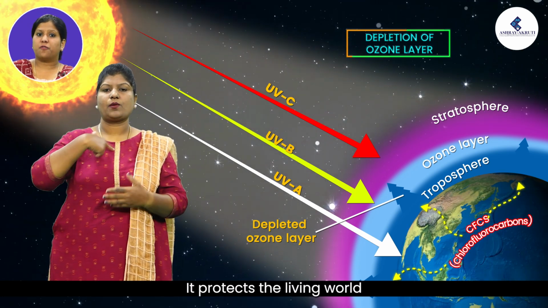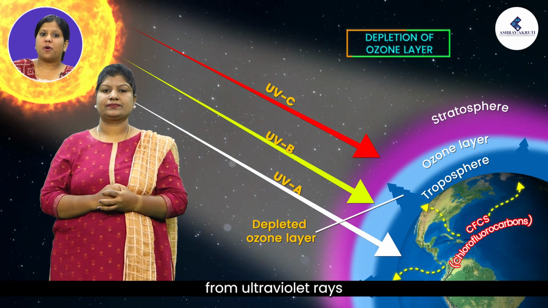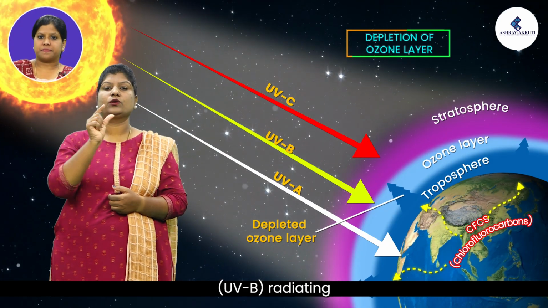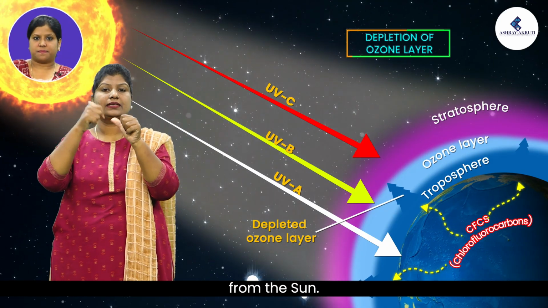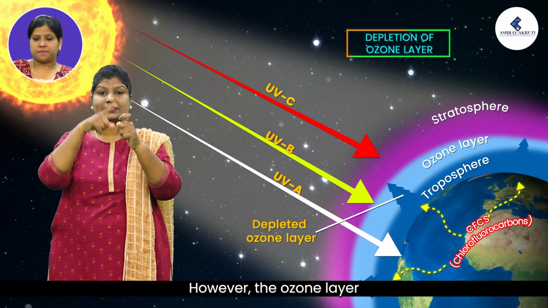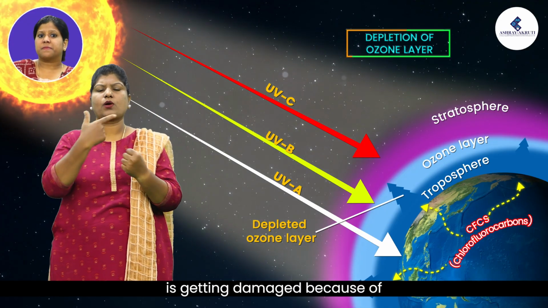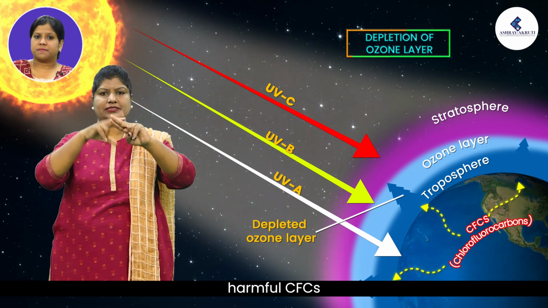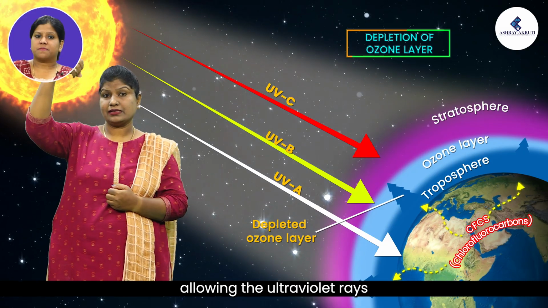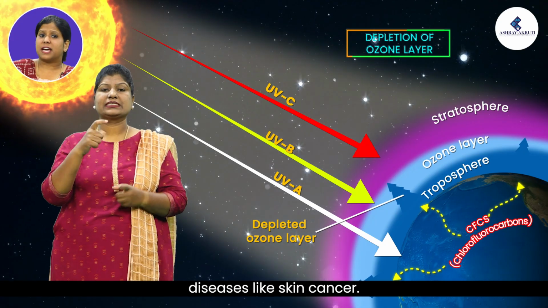It protects the living world of Earth from ultraviolet rays, UVB radiance from the sun. However, the ozone layer is getting damaged because of harmful CFCs, allowing the ultraviolet rays reaching the earth and causing diseases like skin cancer.